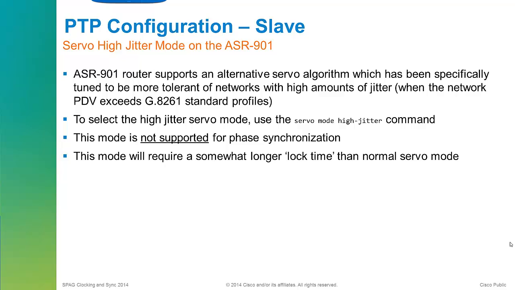So there's a special mode called servo mode high jitter, and it will allow a lot wider variance in PDV and still be able to sync. It won't work really for phase synchronization, but it will work where you need frequency. It might take longer to lock, but if this is your only option, then it is worth turning on high jitter mode and seeing if you can get your frequency sync to run over an extremely high jitter network. As I said, the typical case is microwave links.